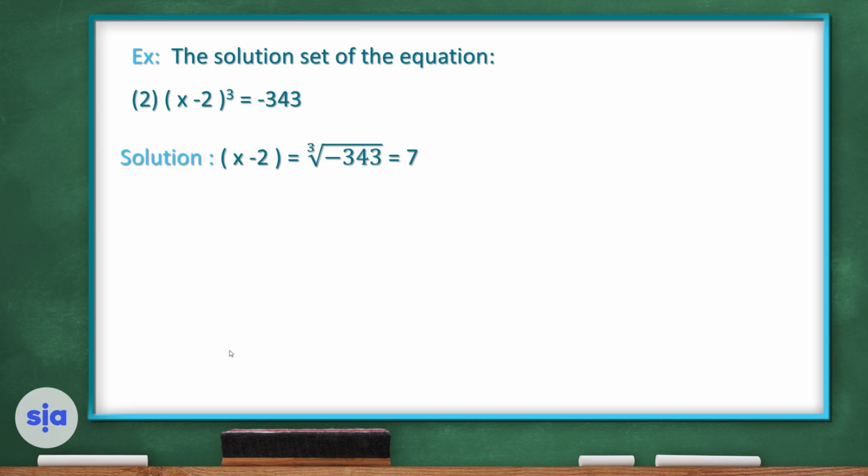So x minus 2, now the power 3 is crossed out, equals the cubic root of negative 343, which is negative 7. Then x minus 2 equals negative 7. Then when you move the 2 to the other side, x equals negative 7 plus 2, which is negative 5. Then the solution set is negative 5.